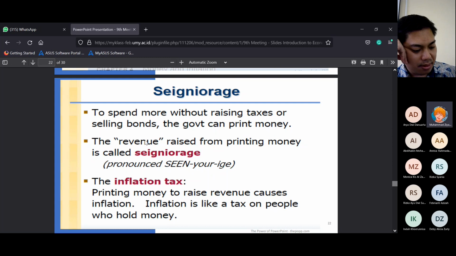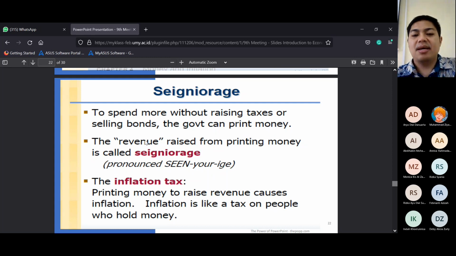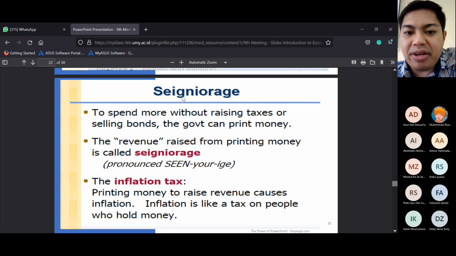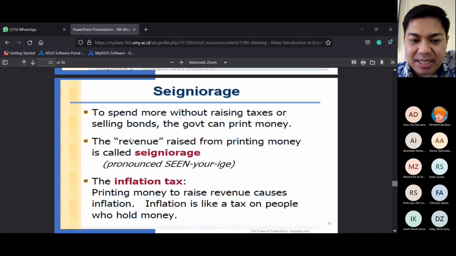Seigniorage means that to spend more without raising tax or selling bonds, the government can print money. So it is the benefit from the printed money created by the government. The revenue raised from printing money is called seigniorage, sin-your-age. So seigniorage here is the inflation tax, because the more the government prints money, the more inflation there will be.